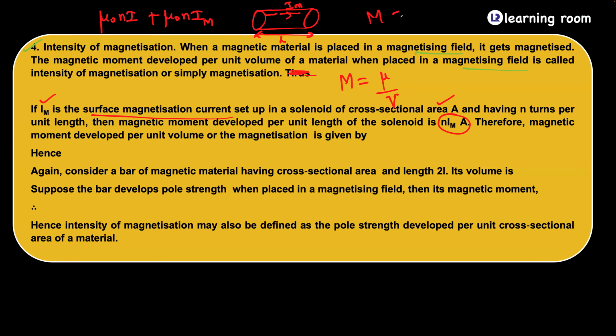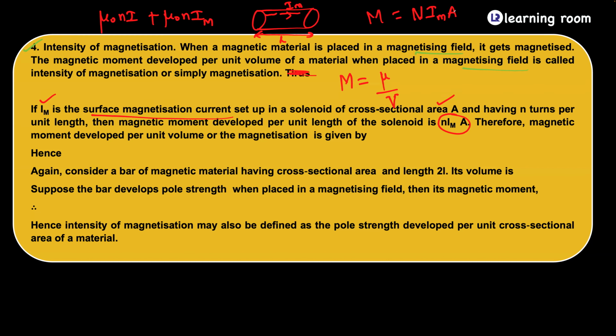What is going to be capital M? Capital M is the amount of dipole moment generated per unit volume. The dipole moment generated is N, the number of turns, into IM into the area of cross section.